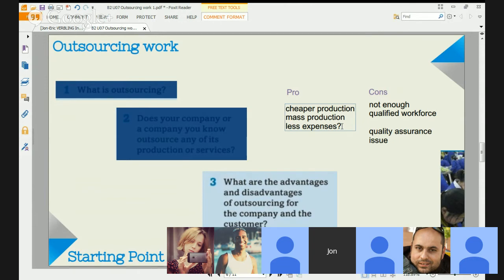Wouldn't that be a con? It could be that the production is so much cheaper that it doesn't matter. But in terms of expenses, I think we might have more expenses due to logistics. I don't know if we could cut down expenses by outsourcing. It depends on the company, but I would say probably not.